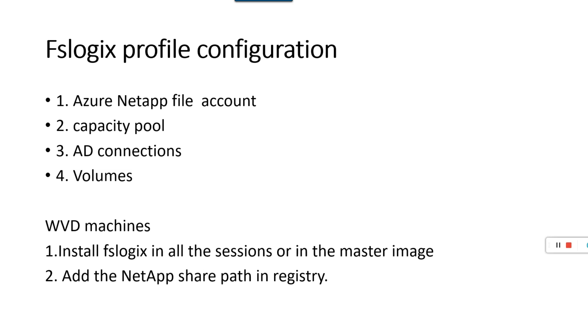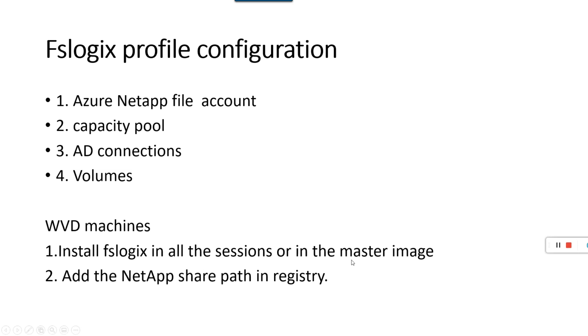Another thing: the share you made in NetApp, that share path needs to be entered in the registry of the session hosts, which is where the user profile will actually be saved centrally.